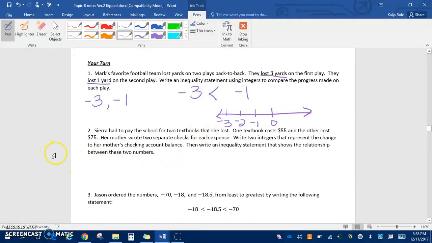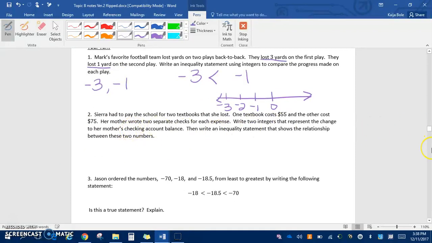The last one we're going to do together is number 2. Sierra had to pay the school for 2 textbooks that she lost. One textbook cost $55 and the other cost $75. Her mother wrote 2 separate checks for each expense. Write 2 integers that represent the change to her mother's checking account balance, and then write an inequality statement that shows the relationship.